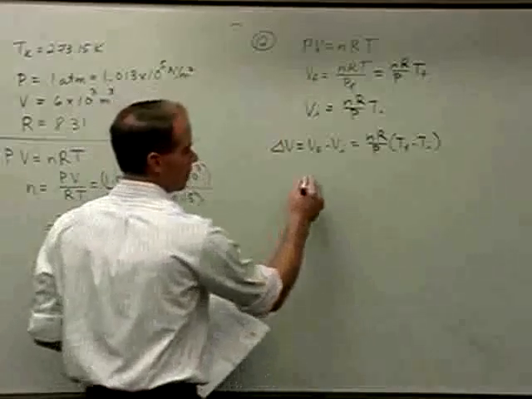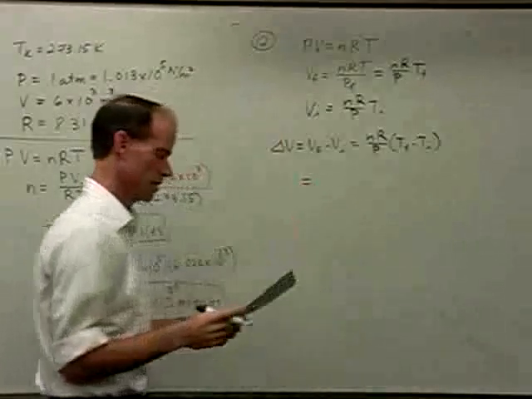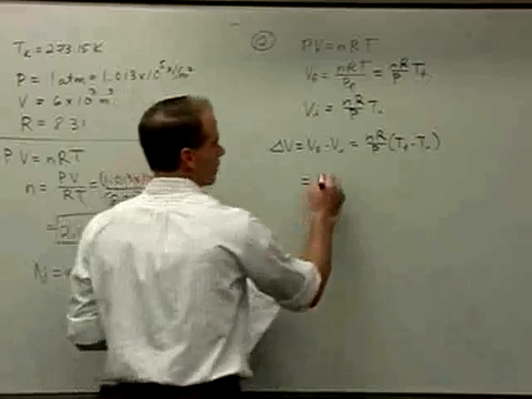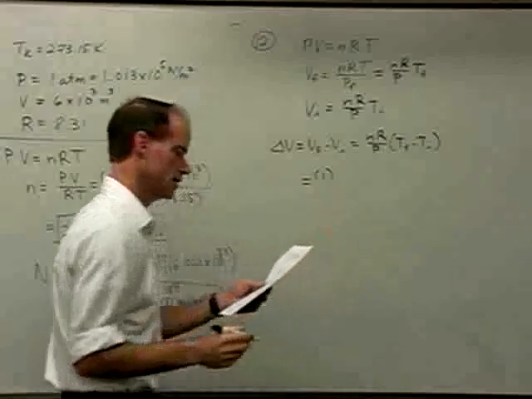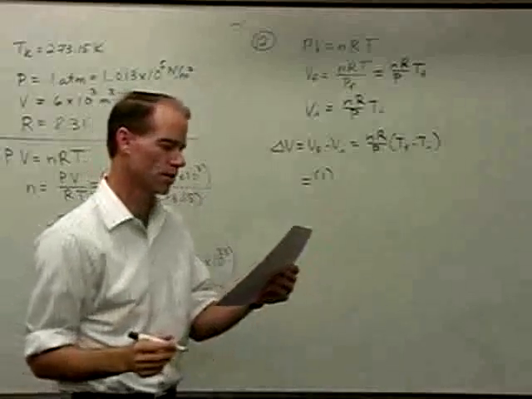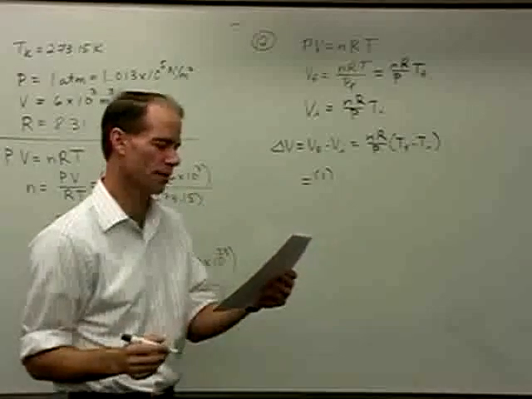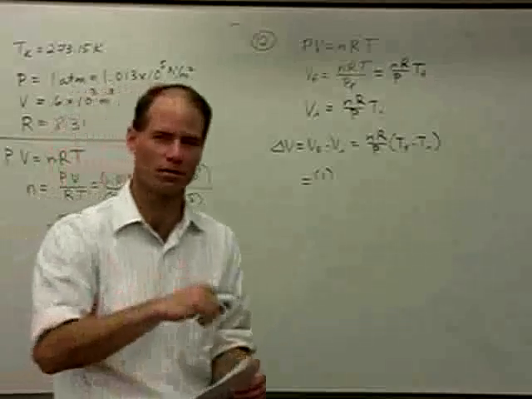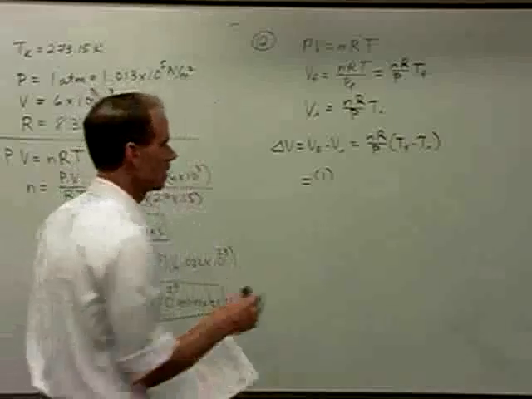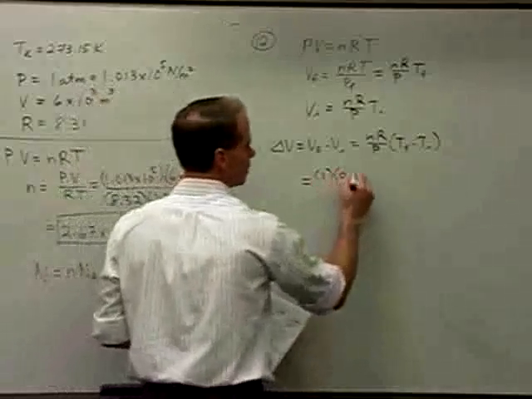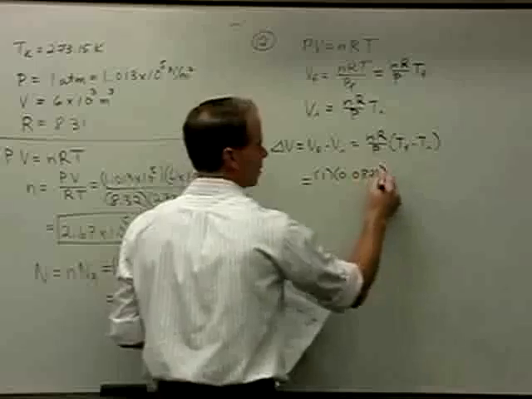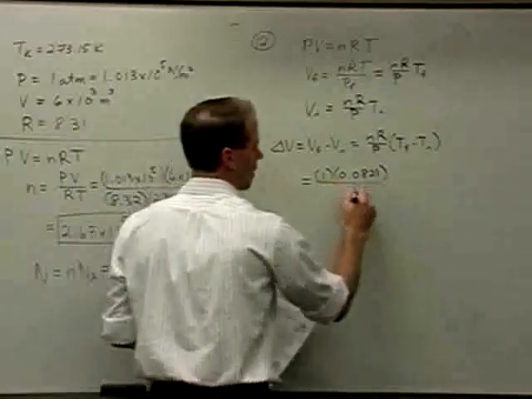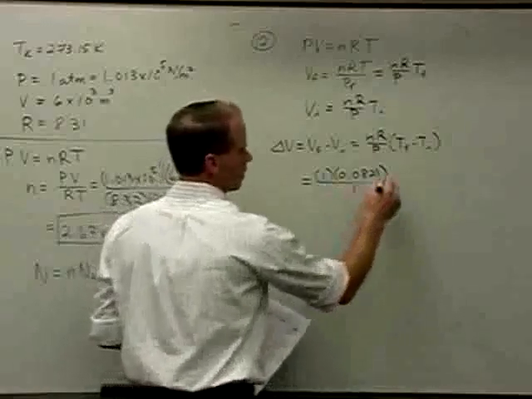So, putting in my numbers, I have the number of moles. It's 1 mole of ideal gas. And the pressure was 1 atmosphere. Since the pressure was given as 1 atmosphere, I'm going to use the other version of the R constant, the 0.0821 version, because that's for atmospheres and liters. And we'll put in 1 atmosphere for the pressure.